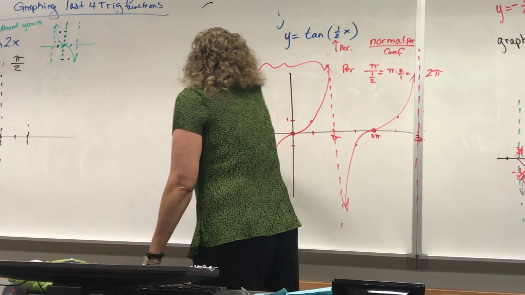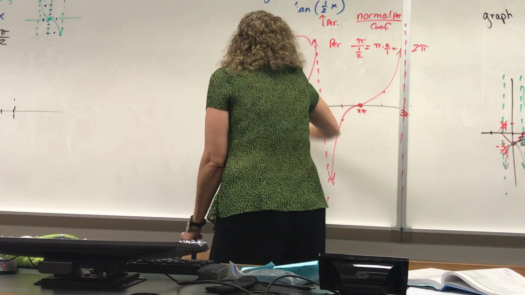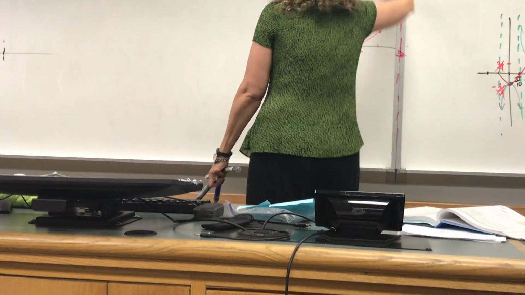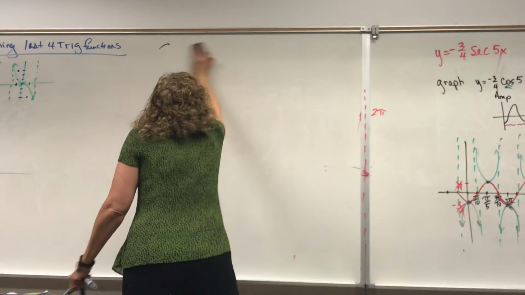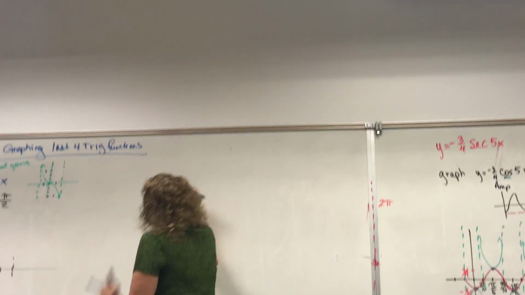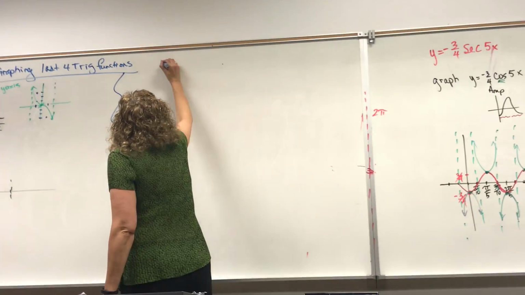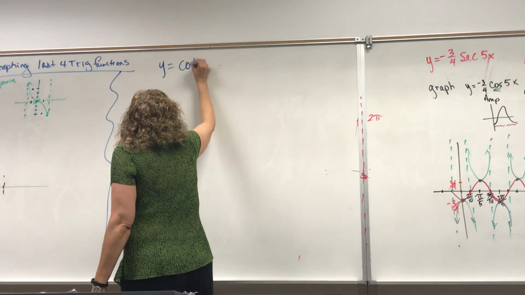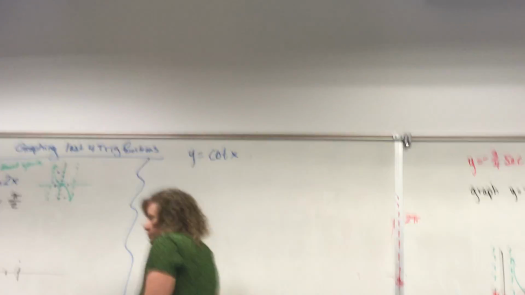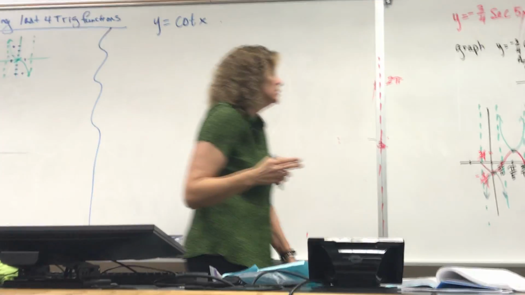Cotangent. What's gonna happen? Y equals cotangent x. Cotangent is the reciprocal of tangent.